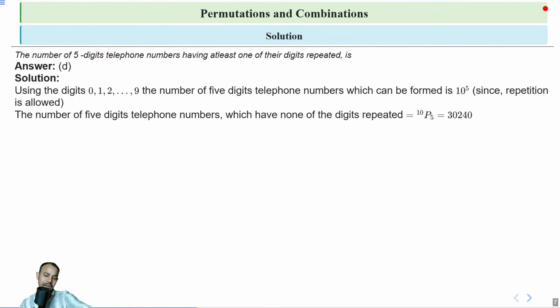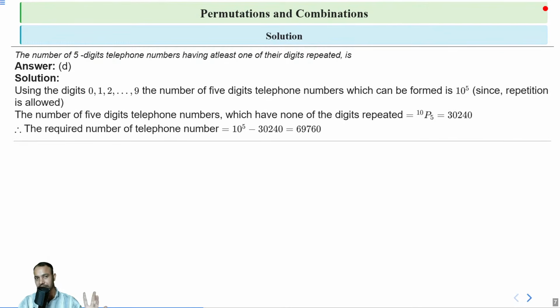If you simplify further, you will get the number of 5 digit telephone numbers which have none of the digits repeated as 30,240. Clear?